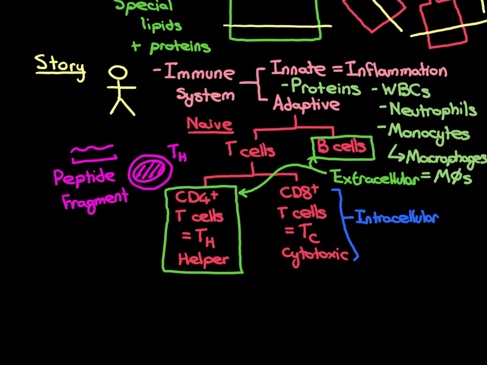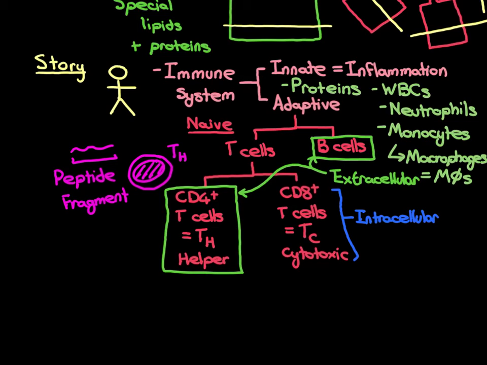Now, the idea, of course, is that you have loads of different helper T cells, all directed against different peptide fragments, and the peptide fragments that you have helper T cells directed against should not appear in any of your own proteins. So if we look at all the proteins within your body, you can chop up the proteins of your body in loads of different ways to get loads of different peptide fragments.